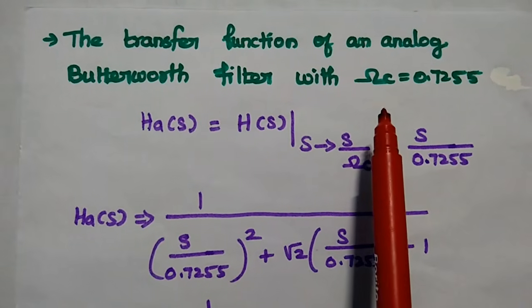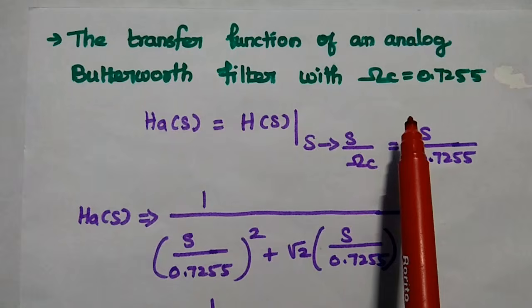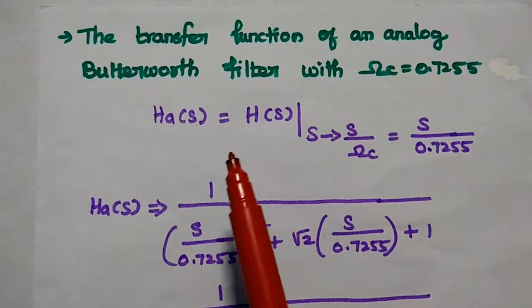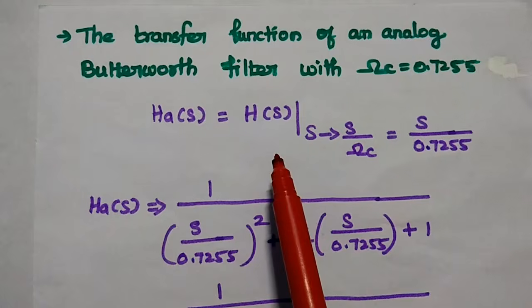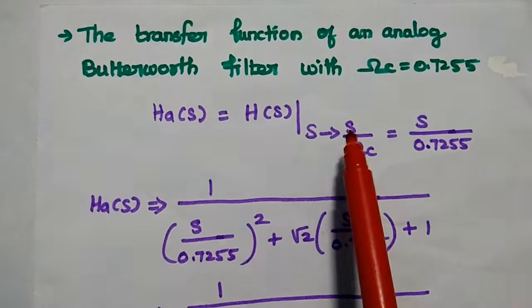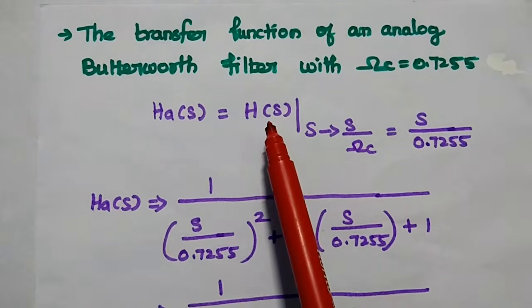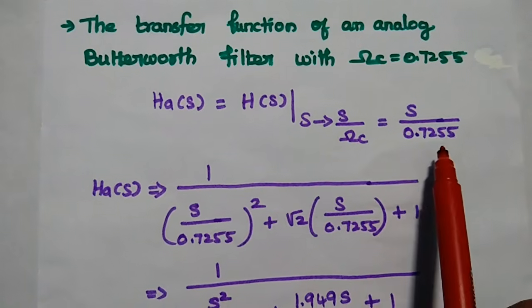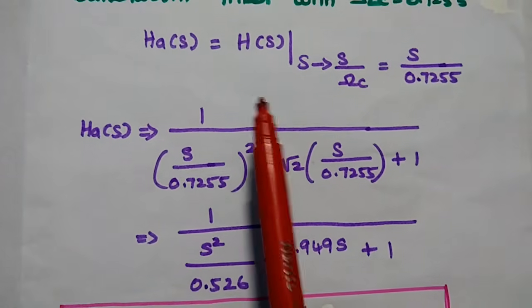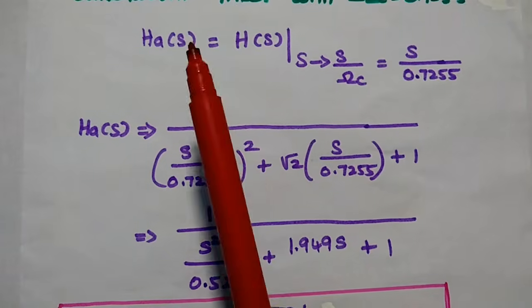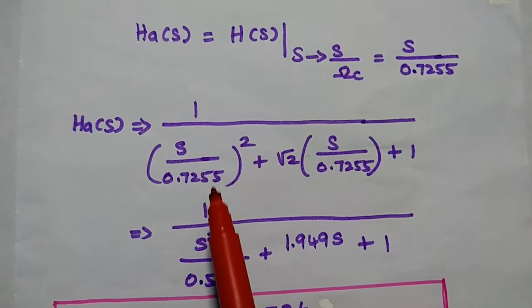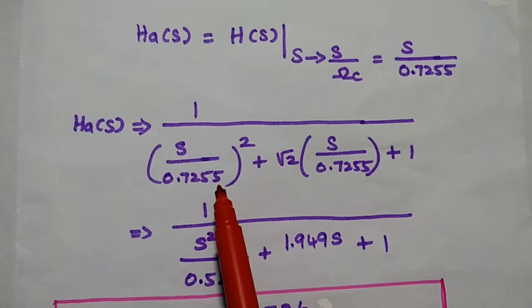After getting the actual cutoff frequency omega c is equal to 0.7255, the transfer function can be obtained by replacing s by s by omega c in this H of s value. Here omega c is 0.7255. So in that H of s we have obtained in the previous step, we are going to replace all the s terms by s by 0.7255.